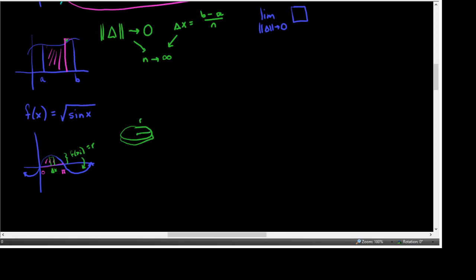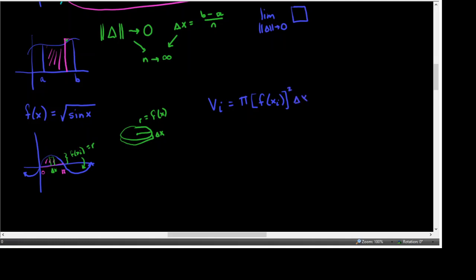And the radius is f of x. And the height of the cylinder is delta x. And so the volume formula for one of these will be pi r squared, so f of x sub i squared times delta x, the height of the cylinder.